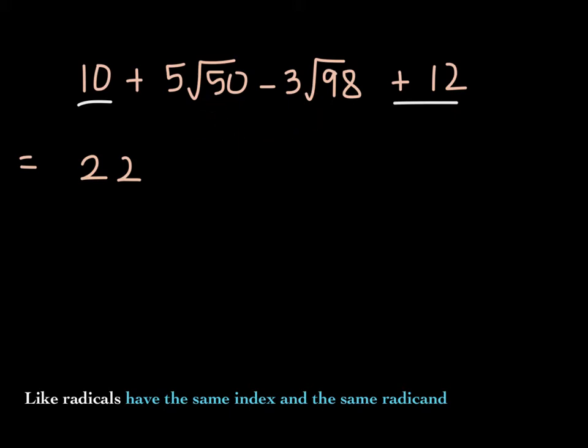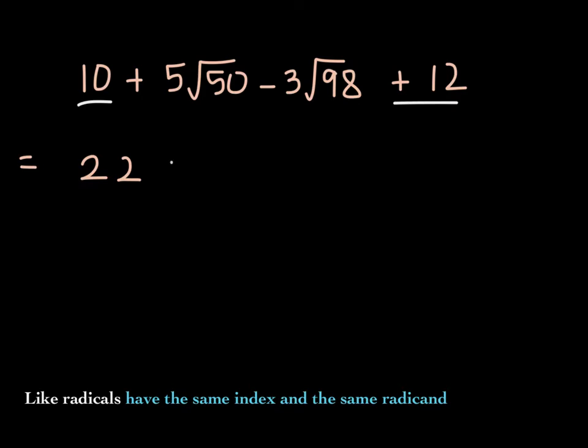And so this is the idea, everybody. Let's simplify this radical, and then let's also simplify this radical using the techniques we were just talking about. And maybe after simplifying each one, we'll have like radicals that we can combine. All right, so let's check this out.